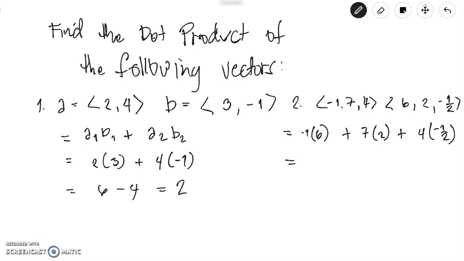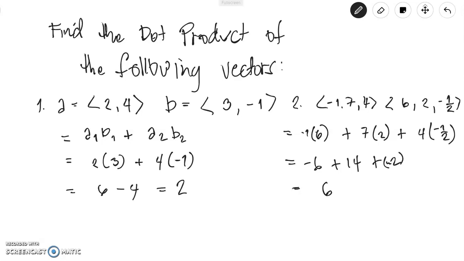Therefore we have negative 6 plus 14 plus negative 2, so the result is 6.